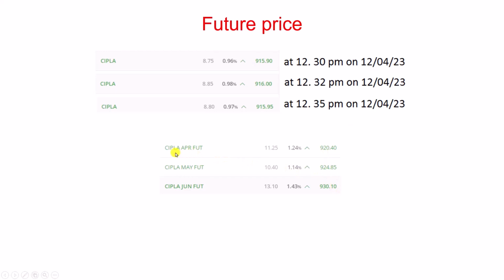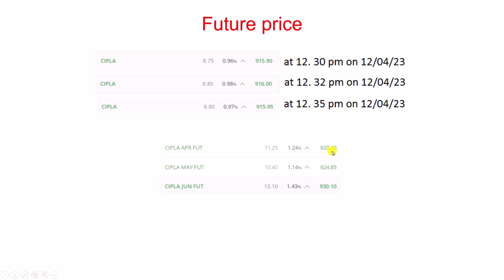You can see Cipla April future, Cipla May future, Cipla June future. This is the price of futures at 12:30 p.m. on this date. You can see that there is a variation here. This is 915.90 and this is 920.40. There is a difference of 5 rupees.